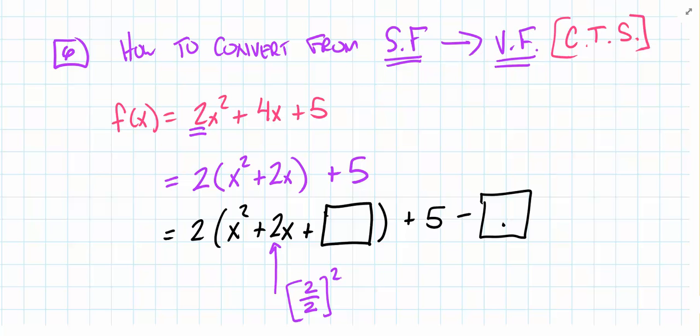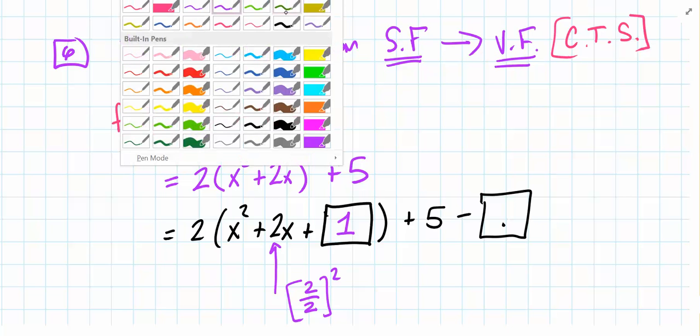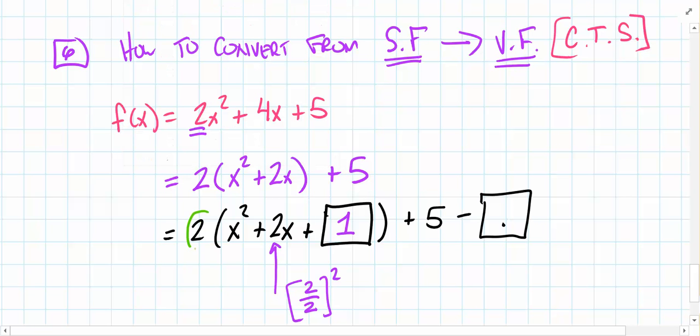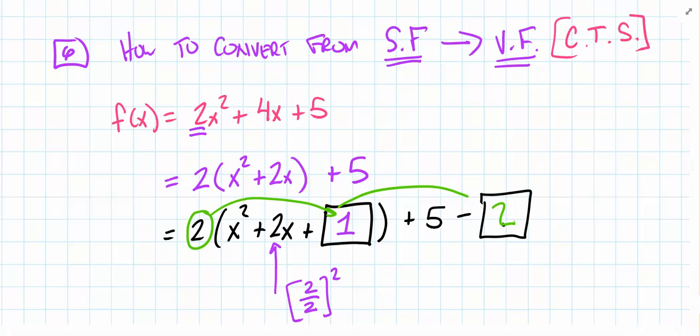So I'm going to put a 1 here, but be very careful, because you would think that a 1 goes in the second box. But we are factoring out a 2, so a 2 goes in this box, because we're not really adding 1 to the inside of that polynomial. We're adding 2, because we've factored out a 2 from it.